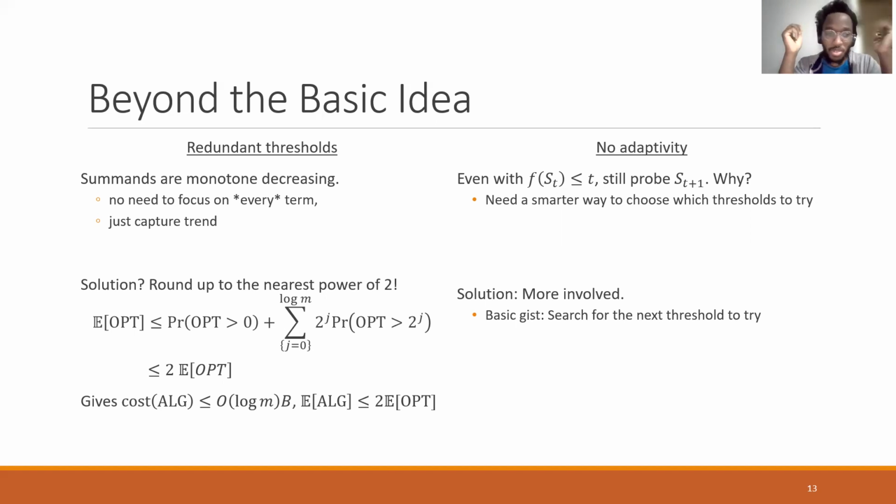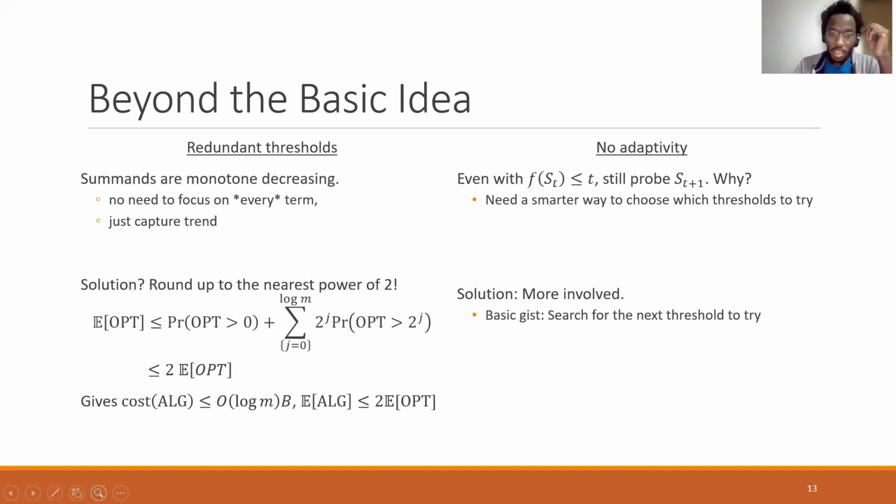And so what's our solution for this? It's just to round up to the nearest power of 2. If you do that, then the expected value of opt, or the expected value of any random variable, is bounded from above by the sum, which only includes log m probability terms, and which is then again bounded from above by 2 times the original expectation.